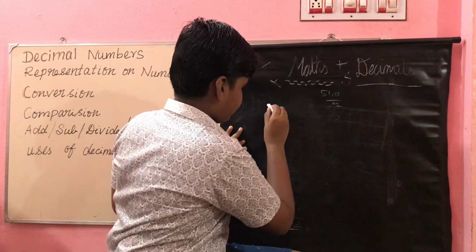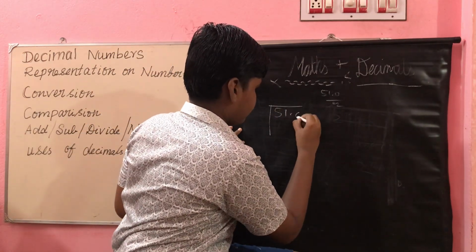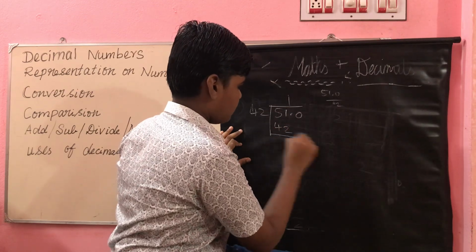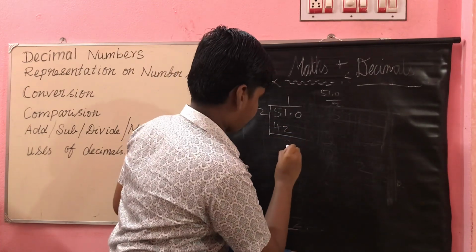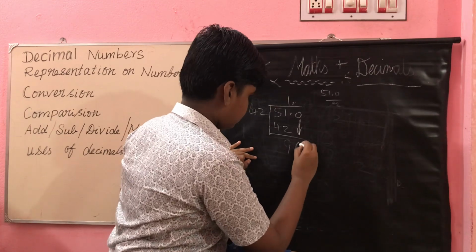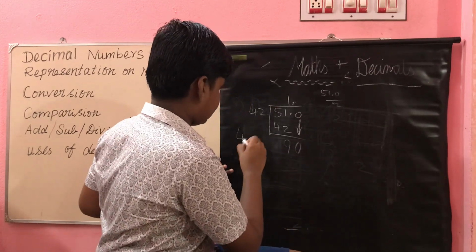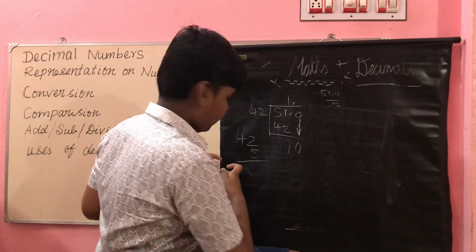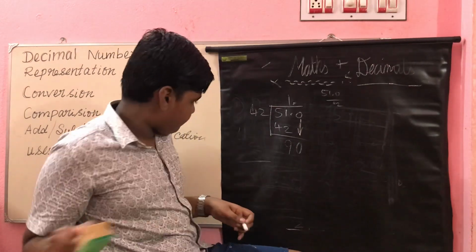So the question is 51.0 by 42. So you'll be going in ones table. So 11 minus 2, 9. And don't forget the point. And by 0, so just see with what number if you multiply, you'll be getting that number. So this one be coming as it's a bigger number.